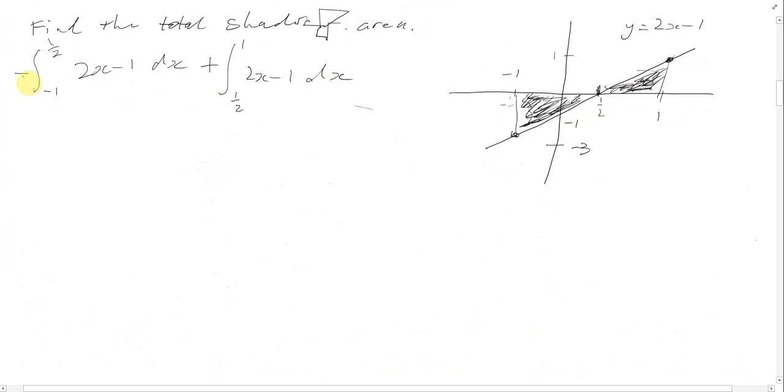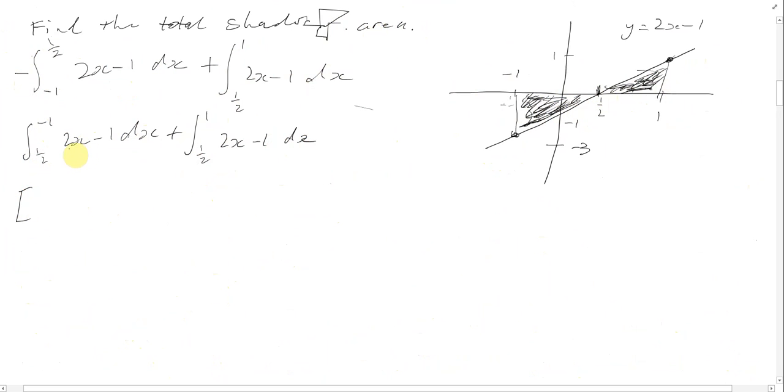Now I'm going to do the trick where instead of having a negative out the front, I can swap the terminals. So it's going to be from a half to minus 1, 2x minus 1 dx, plus from a half to 1 of 2x minus 1 dx. Okay, there we go. Now let me solve this.